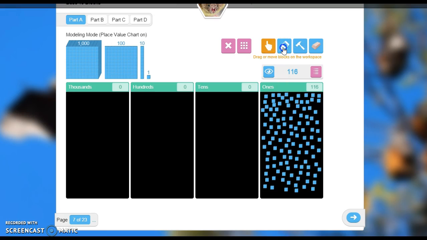I'm going to use this gluing tool here, and as soon as I clicked on 10 total ones, I moved over here to the tens column. So I'll do that again.